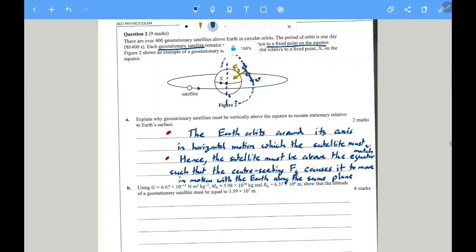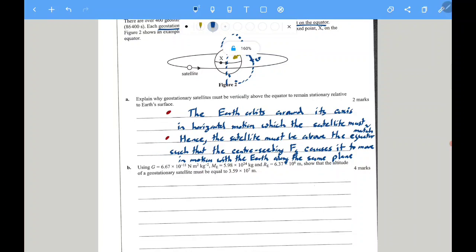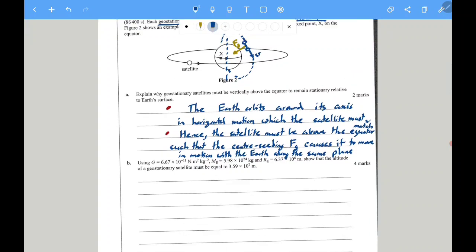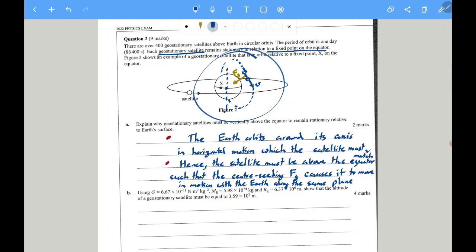Those are the key terms that you guys can use. There are different ways of wording this. It's not a set in stone response, but you should write something along these lines. You can also draw a diagram like I've done over here to illustrate what will happen if the satellite isn't above the equator. Even if the period matches up with the period of rotation of the Earth, it will still not be in geostationary orbit.